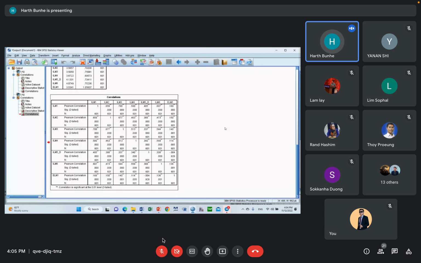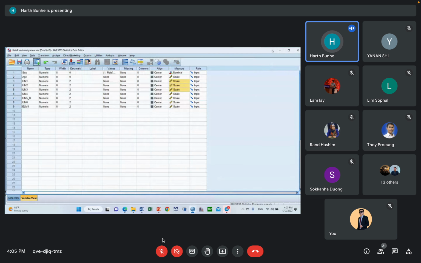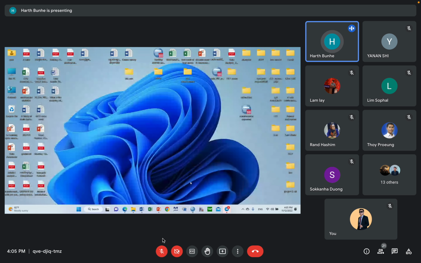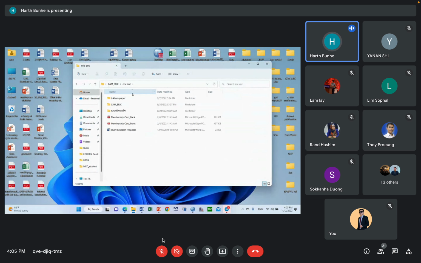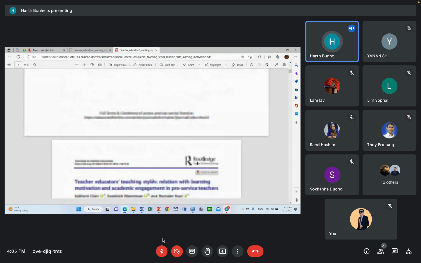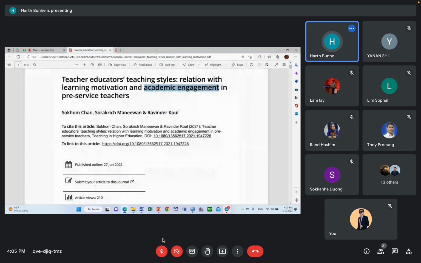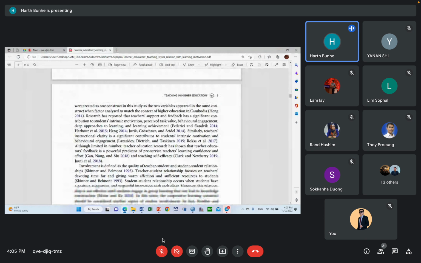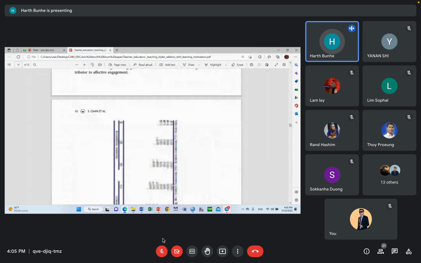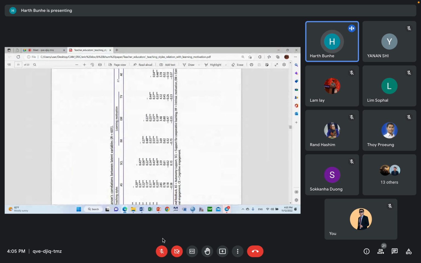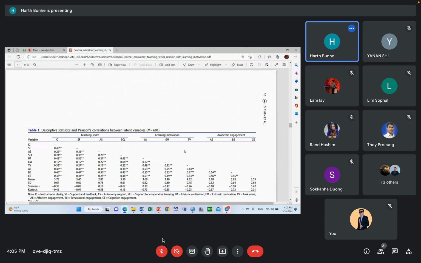I would like to introduce you to the easy way to read the table here. The paper that I showed you in the morning, from the beginning, sorry. The easiest way that you can use the table to present the correlation here.